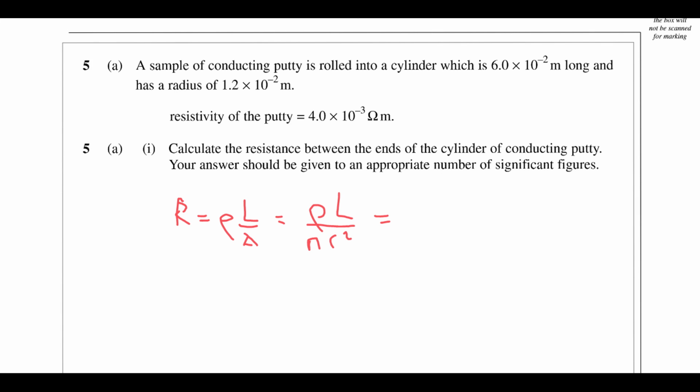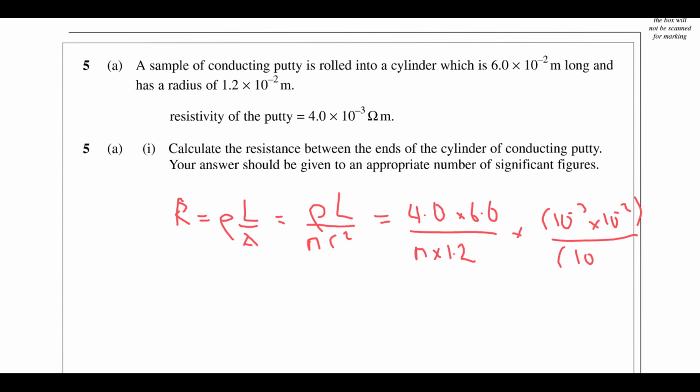And when we put in the values, we've got 4.0 resistivity times 6.0 divided by pi times 1.2. And let's take the powers of 10 separately, which is always quite useful. 10 to the minus 3 times 10 to the minus 2, times 10 to the minus 2 squared.